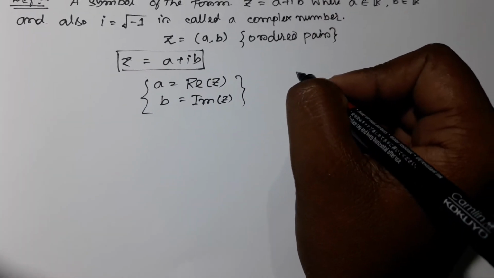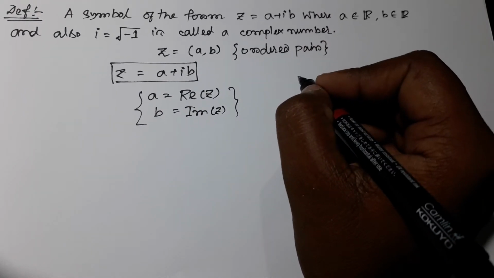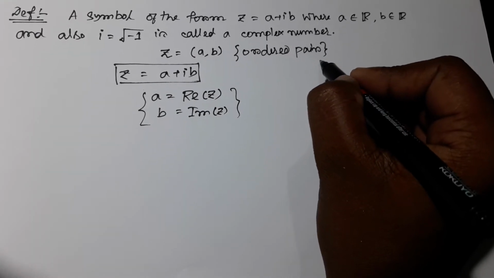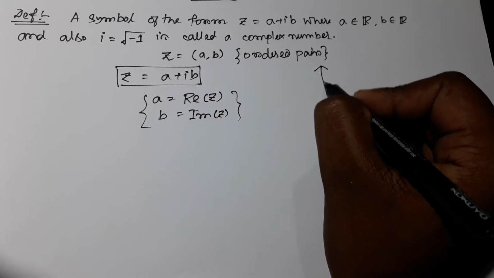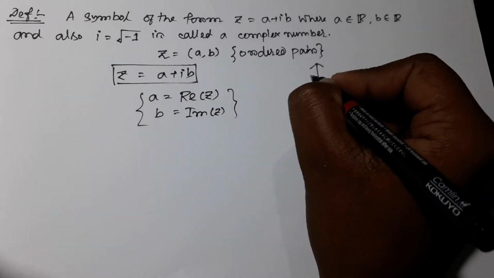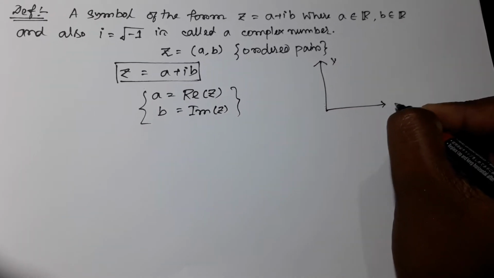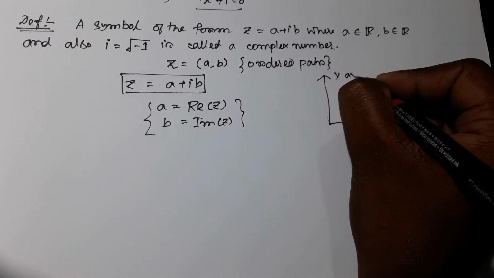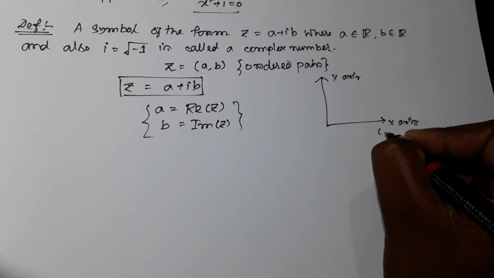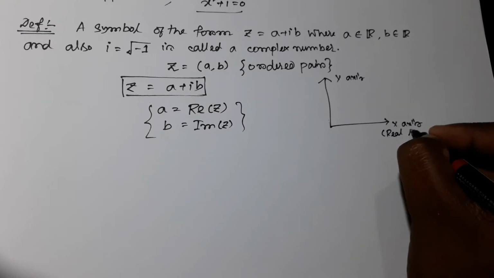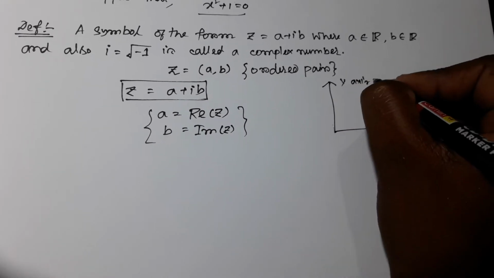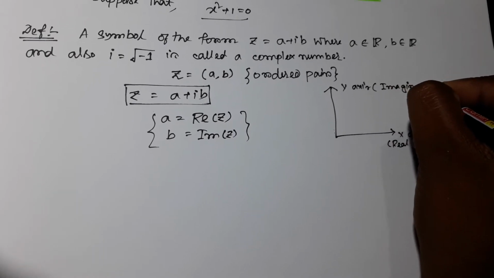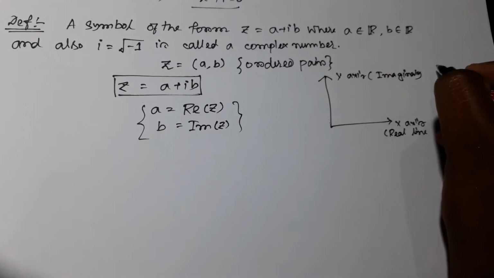Since Z is represented by an ordered pair in a coordinate system, we consider a line along the y-axis and x-axis. This is called the real line and this is the imaginary line.